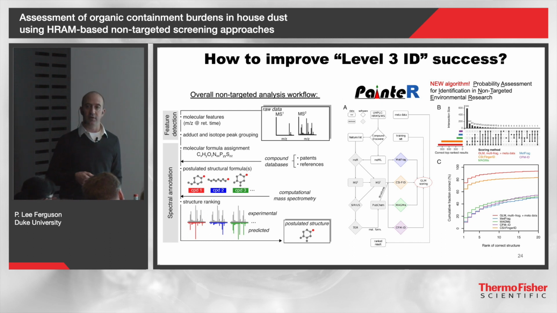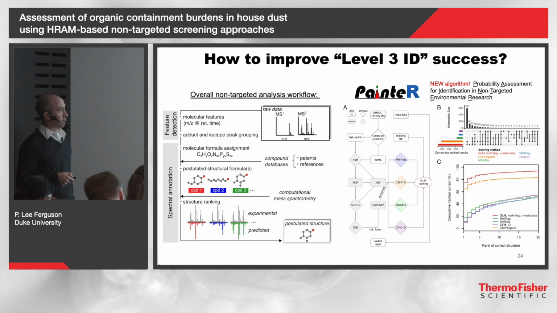You can think of these as similar to Mass Frontier, but you can run them as an engine. We take all of that together with metadata, for example, numbers of patents and numbers of references, and we put it together in a generalized linear model, and then this allows us to rank our compounds.